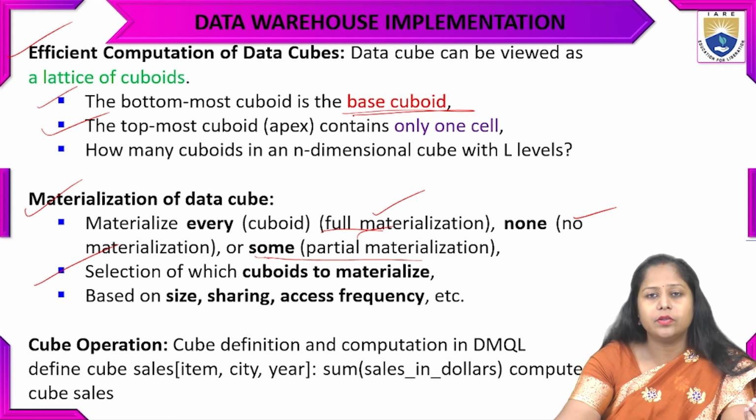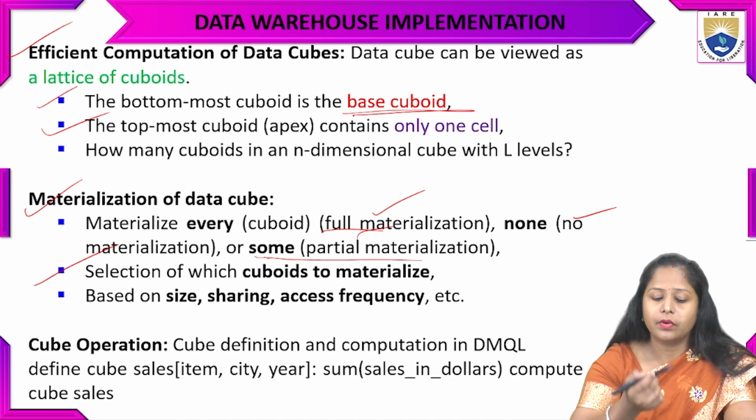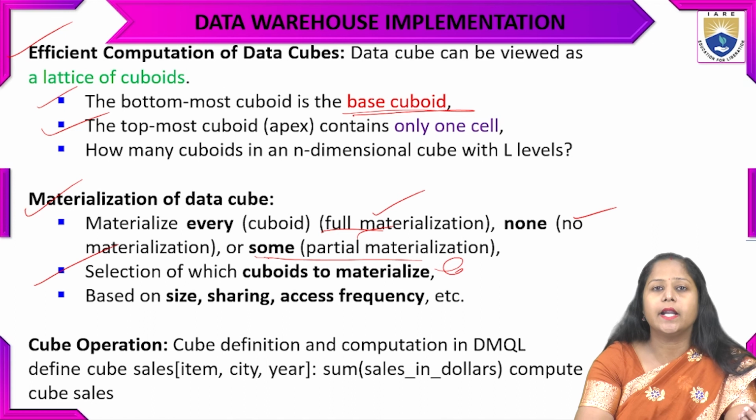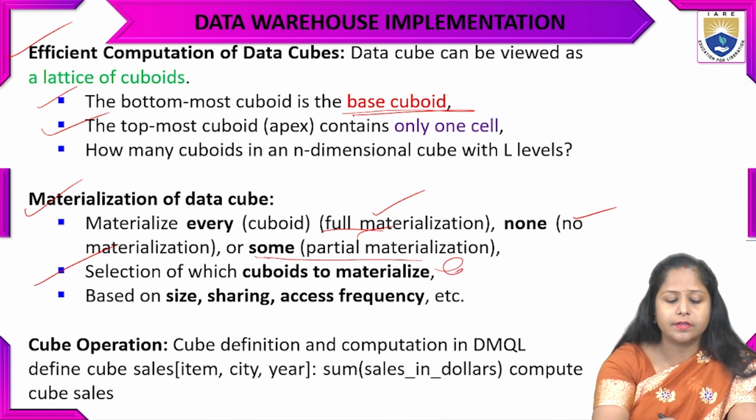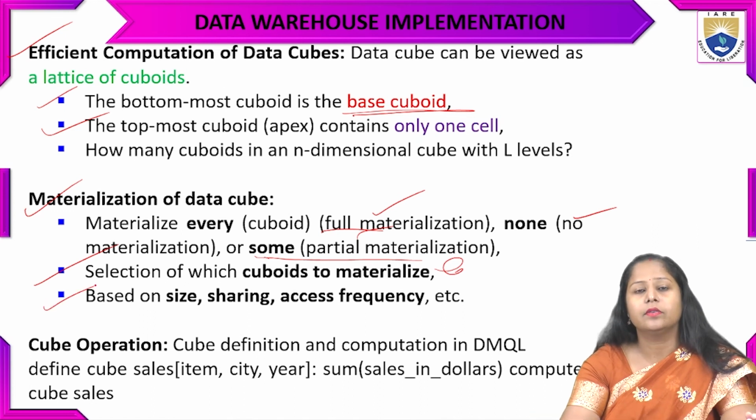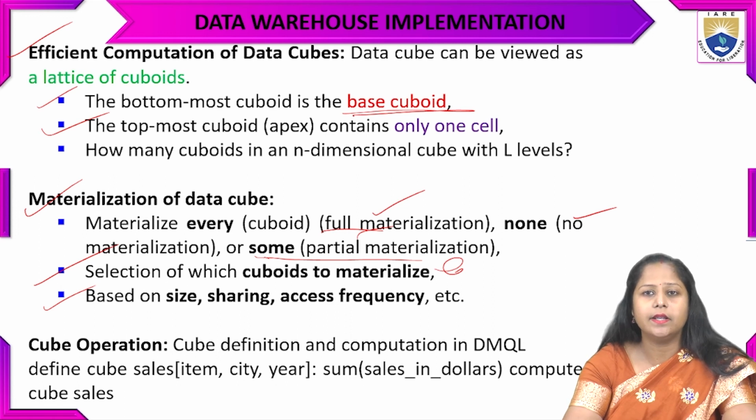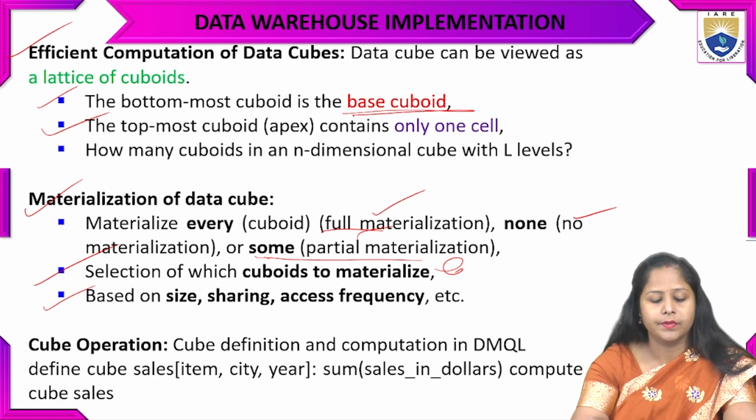We need to decide which cuboids are to be materialized, which cuboid will be accessed first and materialized. We need to identify that, and it can be based on size, sharing, and access frequency.